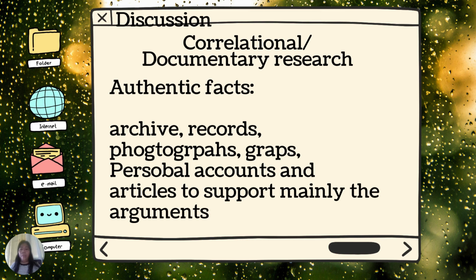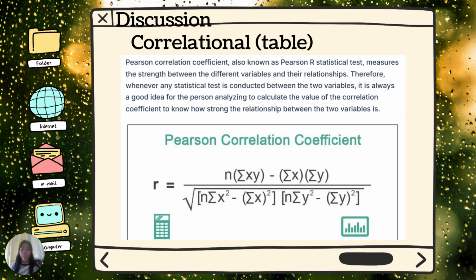Now, in terms of the validity and reliability of the responses given, we're also showcasing some tables. The first one is the correlation table, the Pearson correlation coefficient.